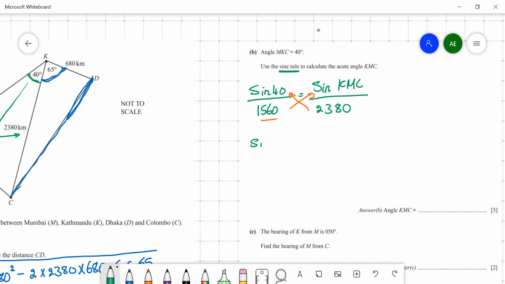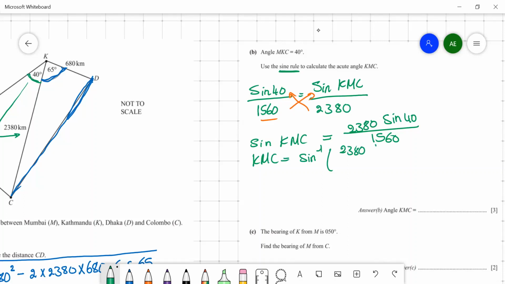So sine KMC equals 2,380 sine 40 over 1,560. But we need only the angle, so KMC equals sine inverse of this fraction, 2,380 sine 40 over 1,560.